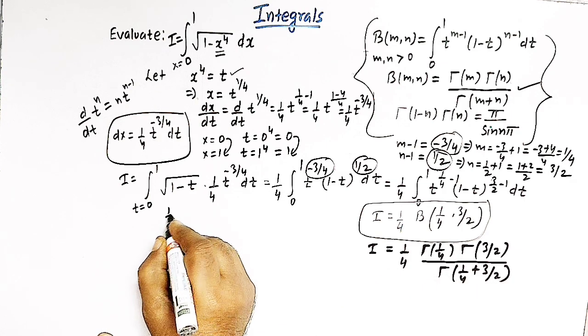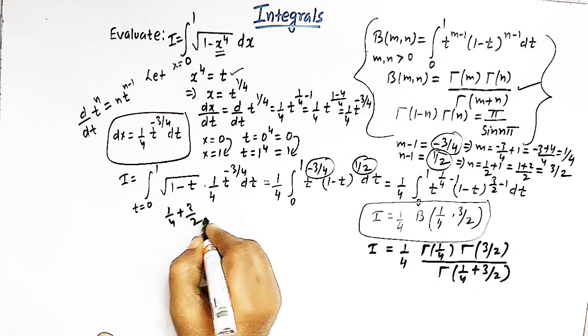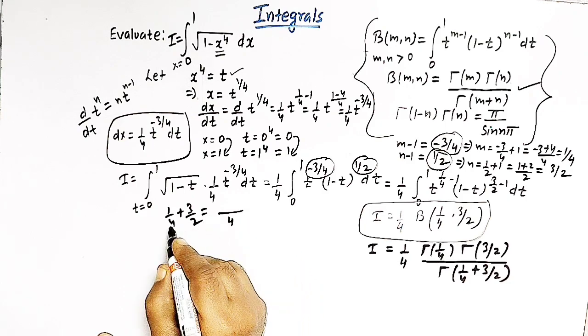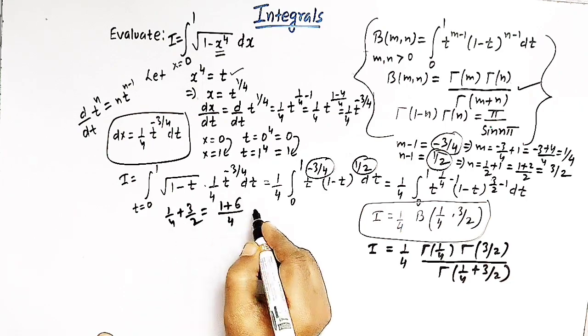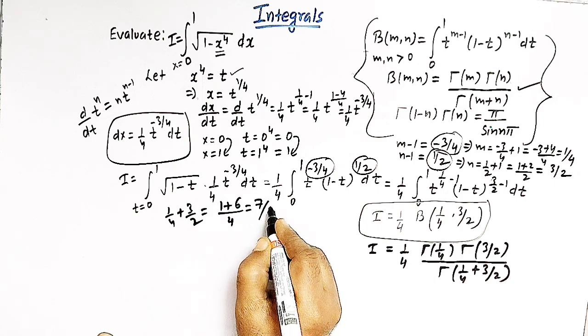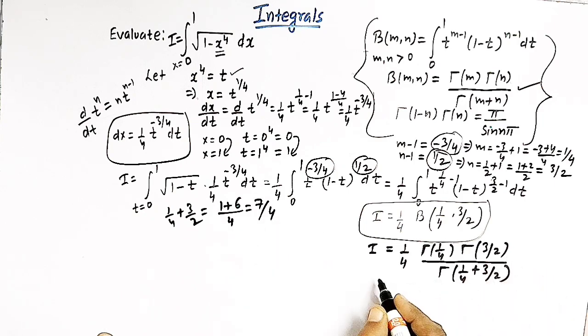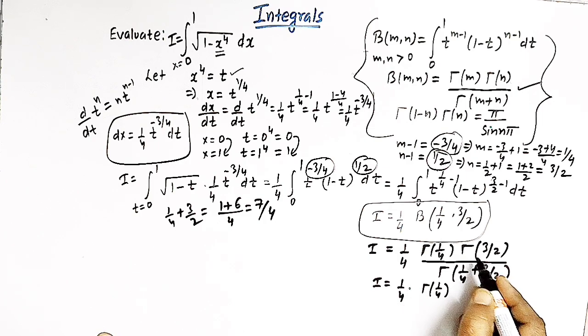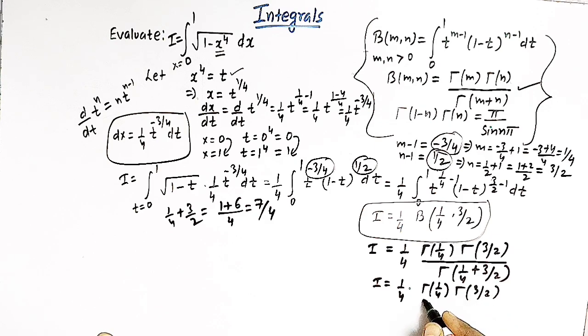Now 1 over 4 plus 3 by 2 can be written as, taking the LCM here, 4, then we have 1 plus 6, so this is 7 over 4. So now we can write this integral I as 1 over 4, gamma 1 over 4 times gamma 3 by 2 divided by gamma 7 over 4.